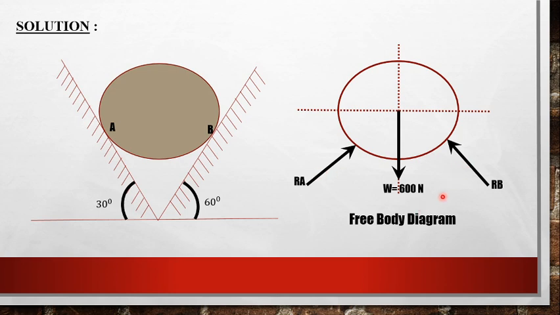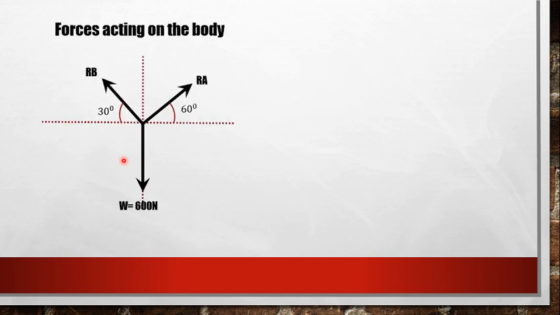So, forces acting on the sphere: the self-weight acts downwards, taken as W equal to 600 Newton. The reaction RA, which was at the left, has been placed here and makes an angle of 60 degrees, and the reaction RB, which was at the right, has been placed here and makes an angle of 30 degrees.